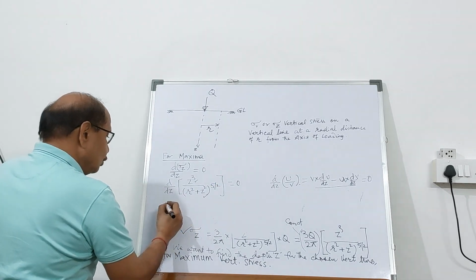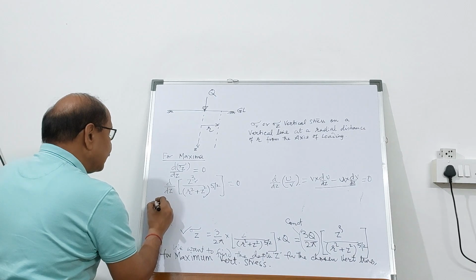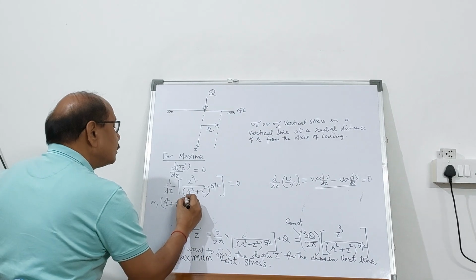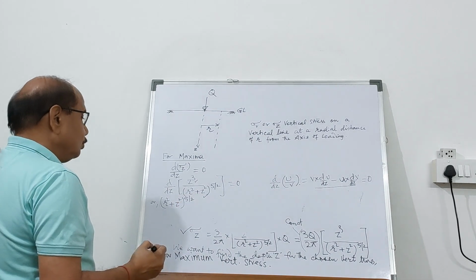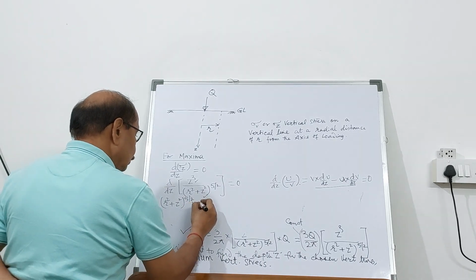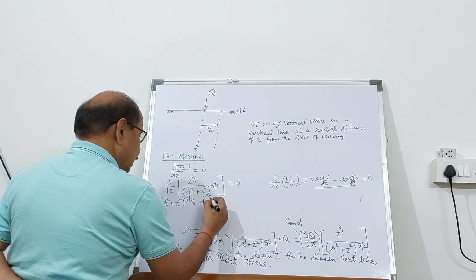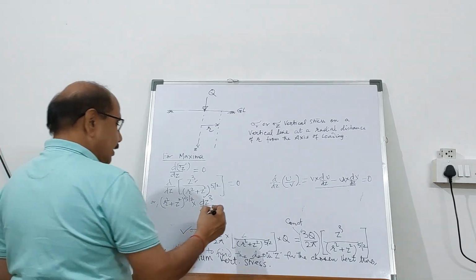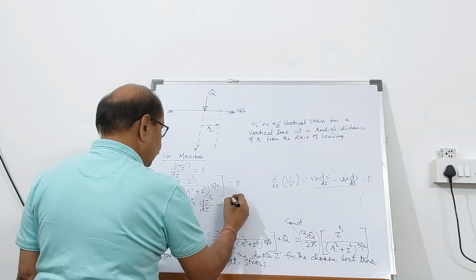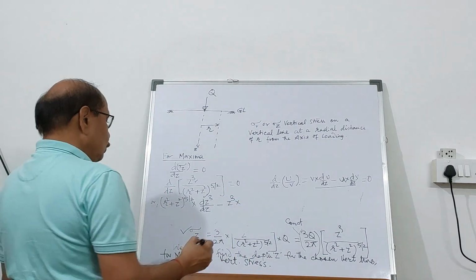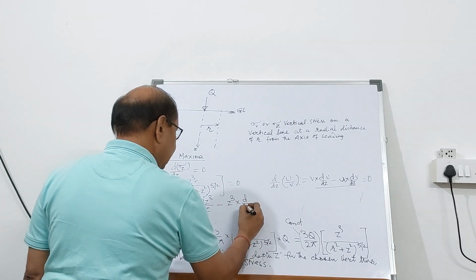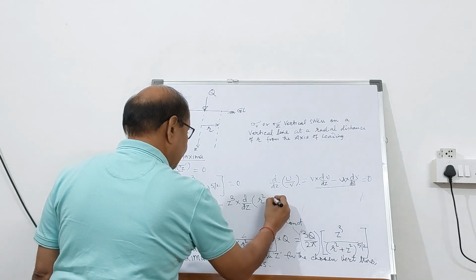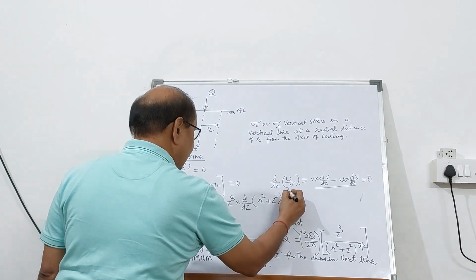So v into, that means we can write it, r square plus z square to the power 5 by 2 into d by dz of z cube, minus z cube into d by dz of r square plus z square to the power 5 by 2, must be 0.